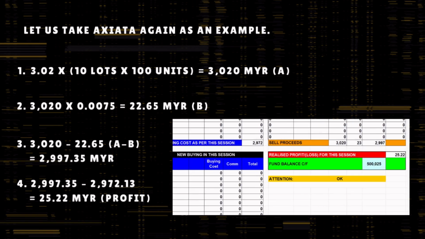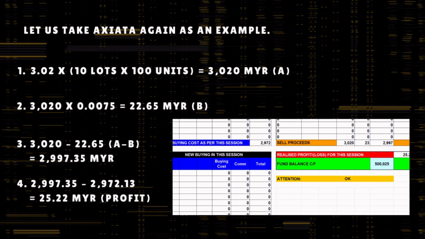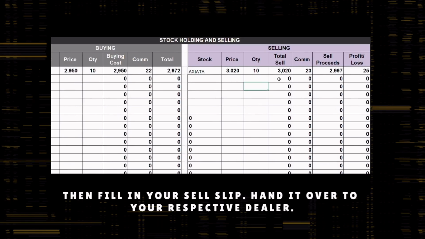Number 4, 2,997.35 minus 2,972.13 equals 25.22 Malaysian ringgit profit. Then fill in your sell slip. Hand it over to your respective dealer.